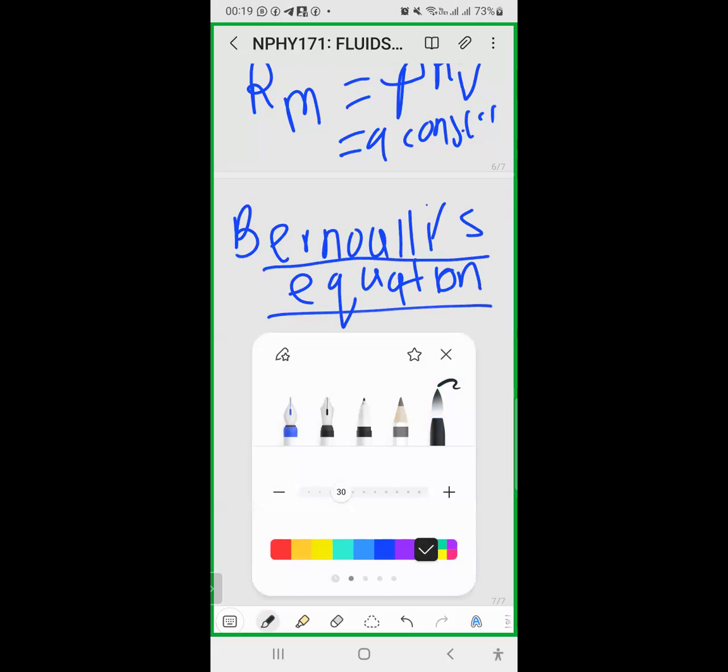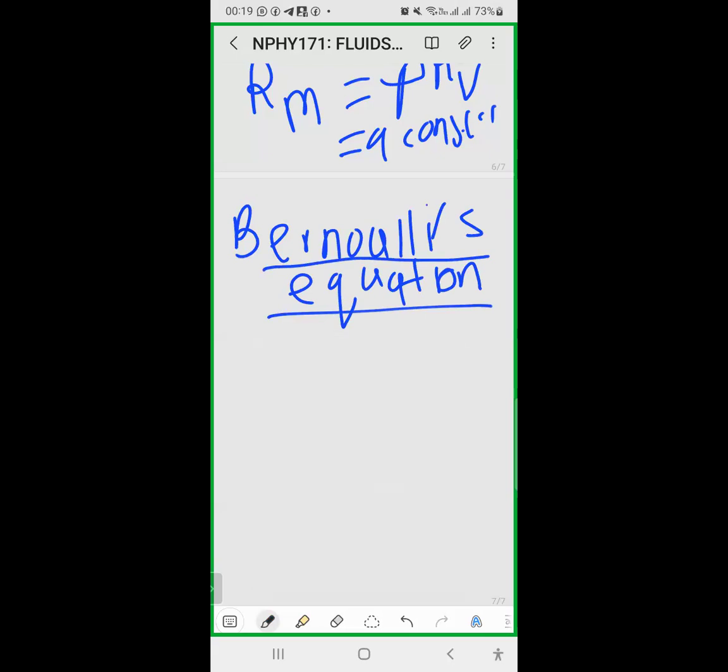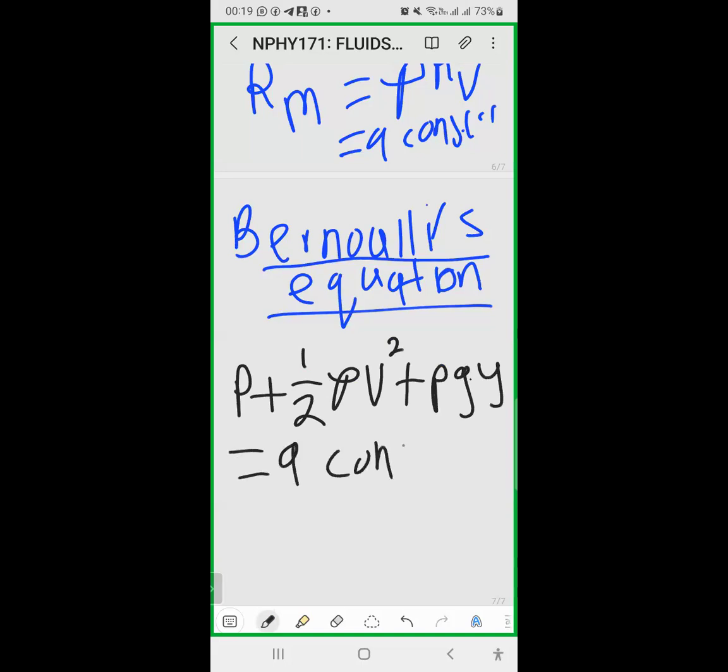Okay, and then so mathematically it is given by pressure plus half density velocity squared plus rho g multiplied by y, which is then equal to a constant, where y is the elevation.